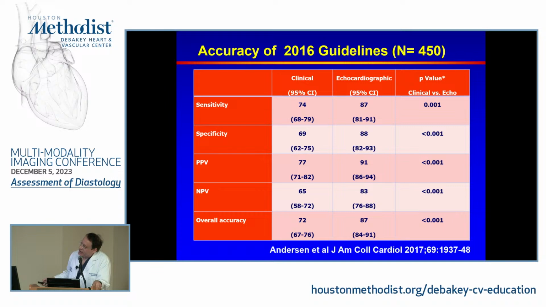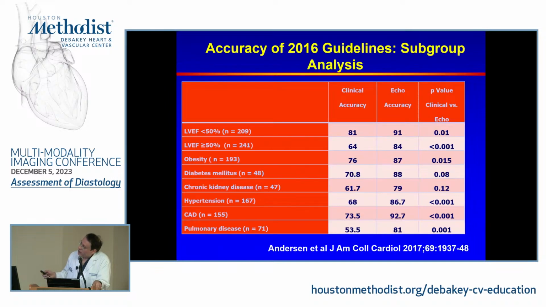You see the accuracy is 72% versus 87%. If we look at the group of patients with preserved ejection fraction, here it's a decent subset, 241 cases, it's 84 versus 64%. Clearly 16% missed, and there is room for improvement.